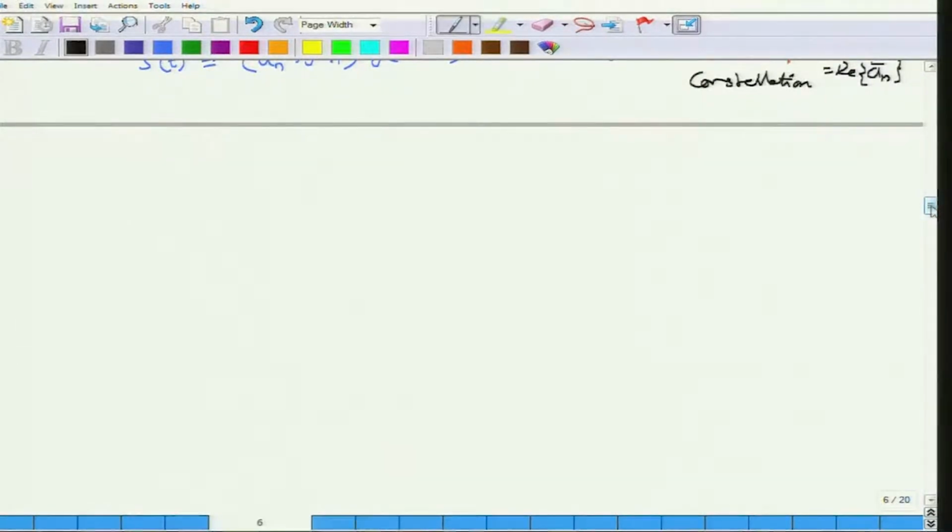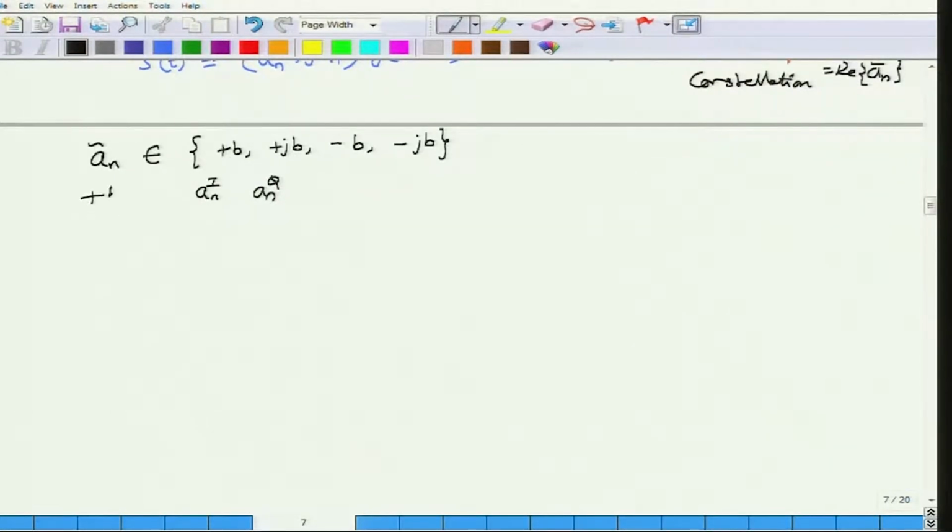As an example, I will consider this complex symbol sequence. An can be any of these: it can be plus b, plus jb, minus b, or minus jb, where b is some constant. Clearly, if the symbol is plus b, then ani will be plus b and anq will be 0.